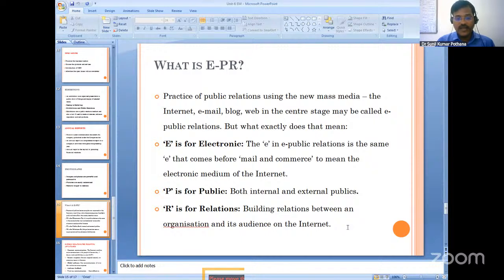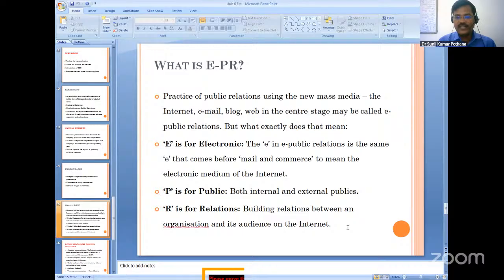E is for electronic. The E in e-public relations is the same E that comes before email and e-commerce, to mean the electronic medium of the internet. P is for public. Public means already known: internal publics and also external publics.